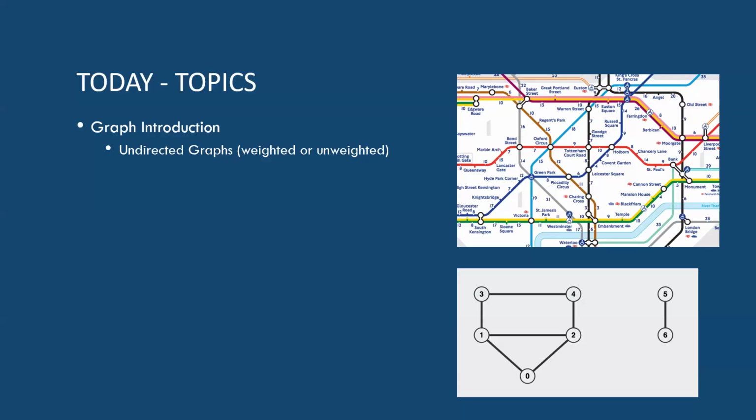So our undirected graphs can be weighted or unweighted. So in this graph we see below, we don't see any numbers on the edges, so that's an unweighted graph. We're not really representing a cost to that.